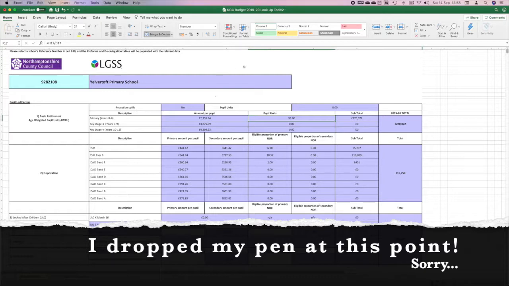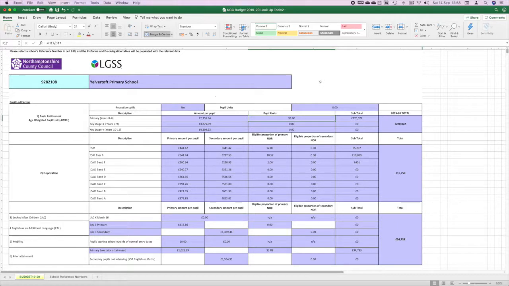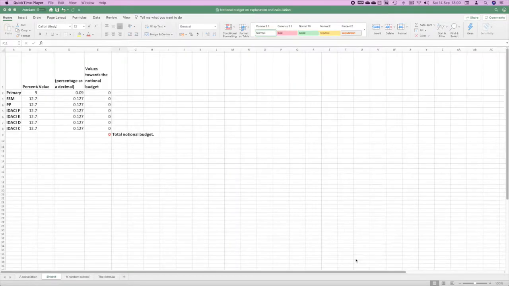So let me hop onto another spreadsheet for you. Another spreadsheet here, and what I have done, sorry, is that I've popped down here the factors that Northamptonshire, as it happens to be, have decided to use from that funding formula to calculate SEN, and I've popped in there the percentage value that they will accommodate.